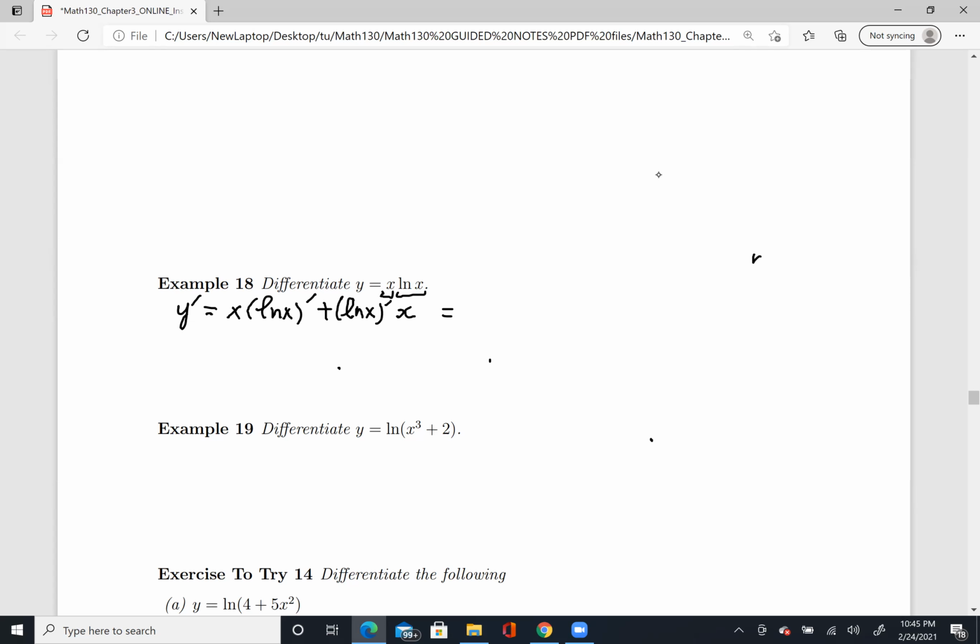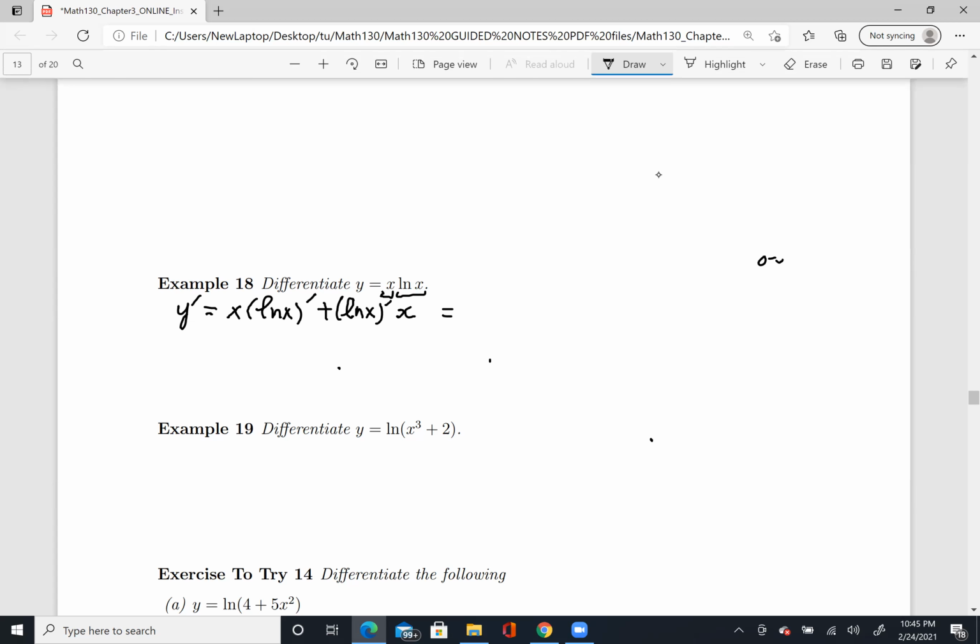I should note a formula for you: the derivative of ln of x will be equal to 1 over x. Okay.